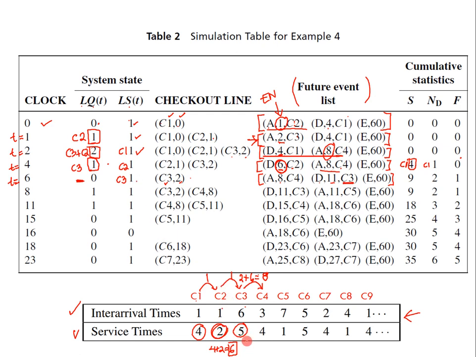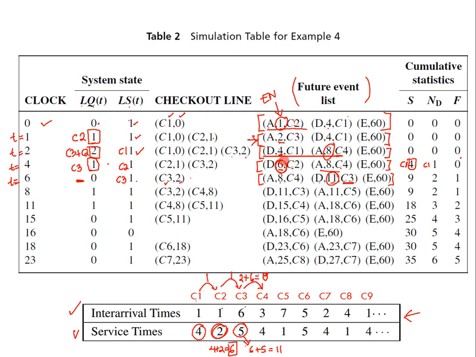So at time 6, the service restarts, plus 5 minutes, equals 11. That's why customer 3 is going to depart the system at time 11 here. What about the statistic here? What happened at time 6 is the departure of customer 2, so we can calculate how long customer 2 spent in the system.